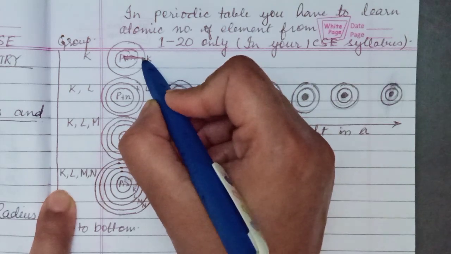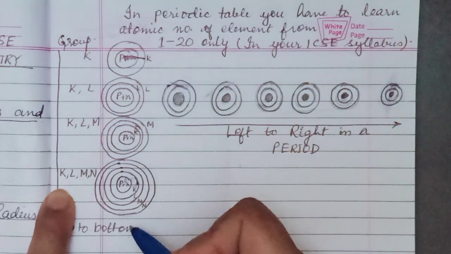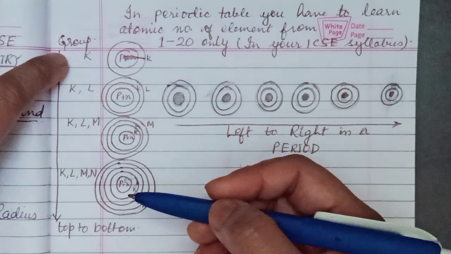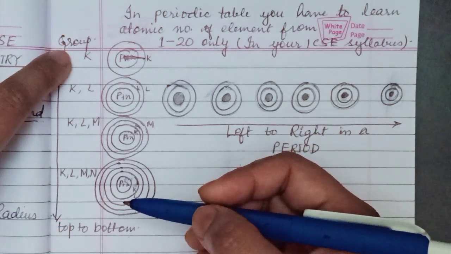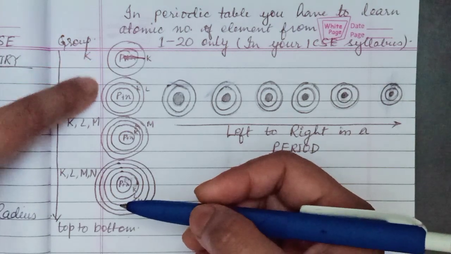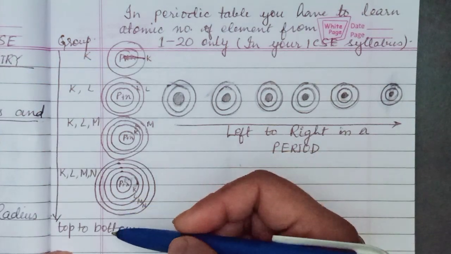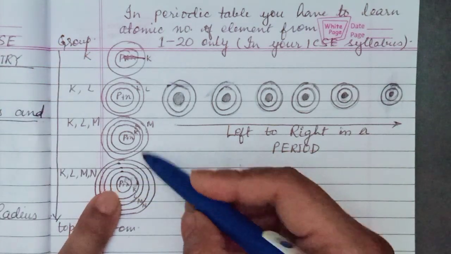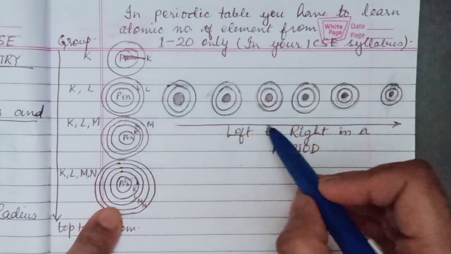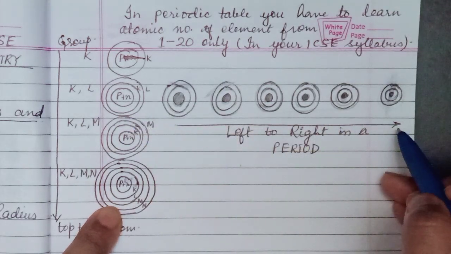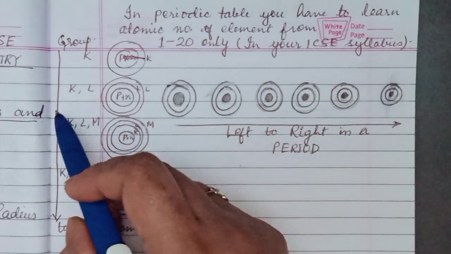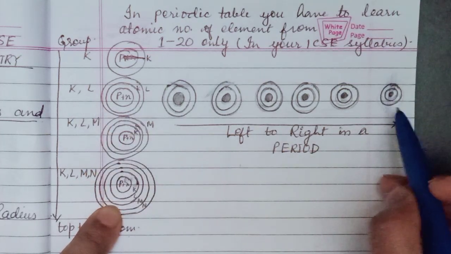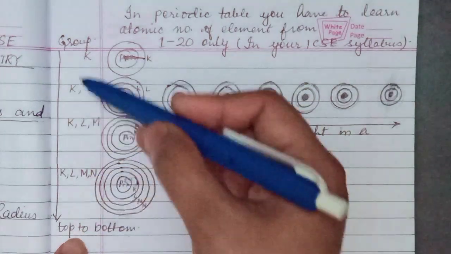And if we are moving down in a group, that is from top to bottom, this is called group. And when we are moving from left to right in a modern periodic table, then it is called period. That means from left to right it is period, top to bottom it is group.